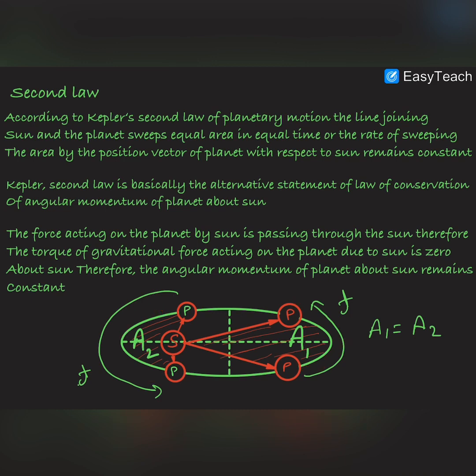The conclusion is that the areal velocity of this position vector, which is the rate at which it sweeps the area, will remain constant.